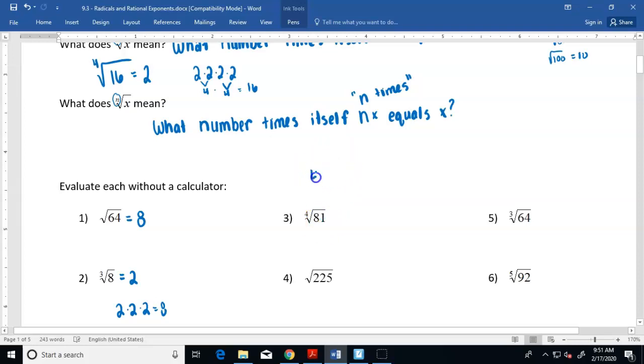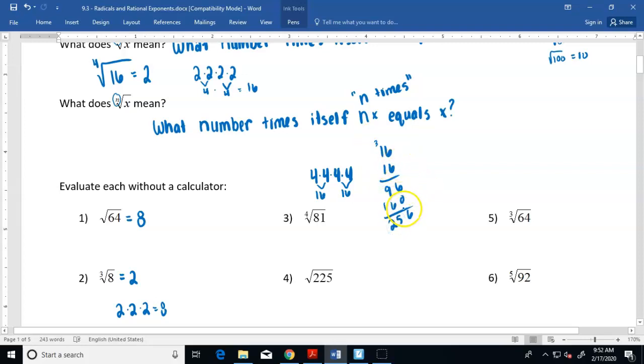If you try 4, 4 times 4 times 4 times 4. 4 times 4 is 16. This 4 times 4 would also be 16. 16 times 16, I know right now it's not right, but I'm going to continue, that'd be 256.